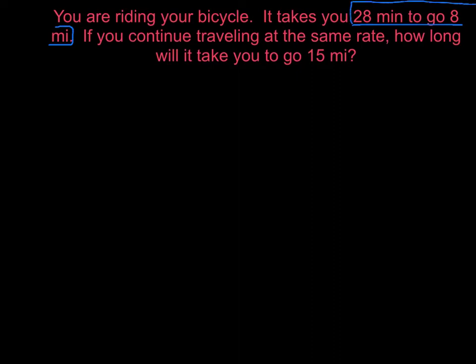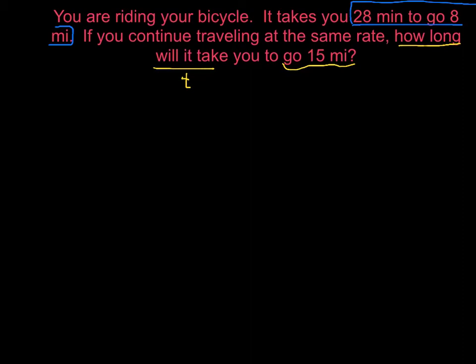So we're going to use that information to help set up our proportion. But then it also says, if you continue traveling at the same rate, how long will it take you to go 15 miles? So they're asking you how long will it take, which means they're asking you to solve for the time. So let's set up a proportion.